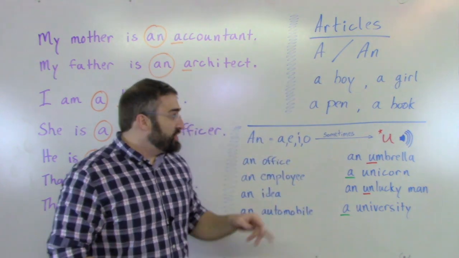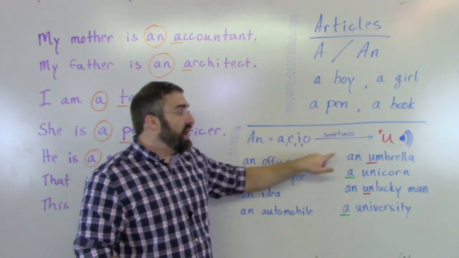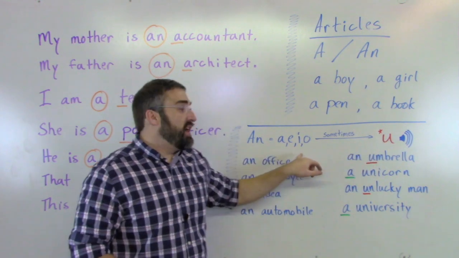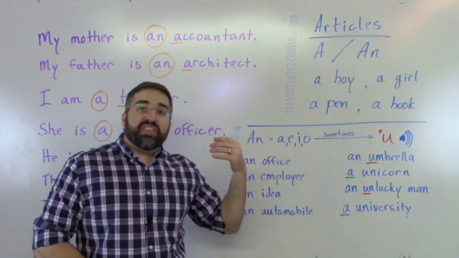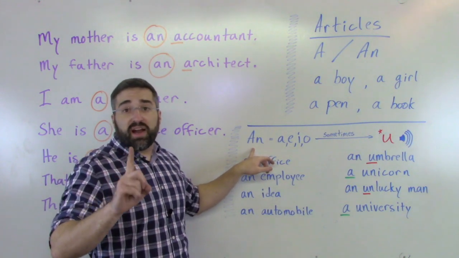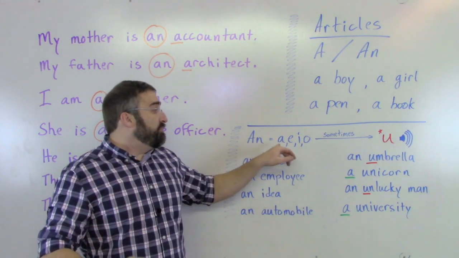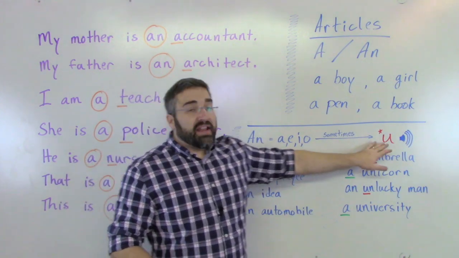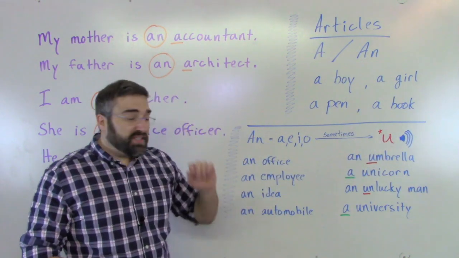But our vowel sounds, A, E, I, O, and sometimes U, have the an. Okay, so we use an, still means one thing, right? It's still one thing. So it's A, E, I, O, U, and that U sound we have to listen for.